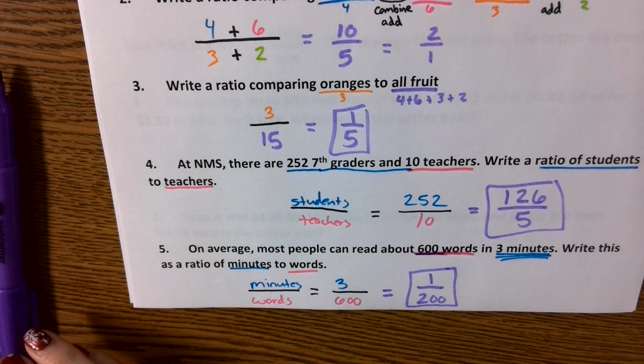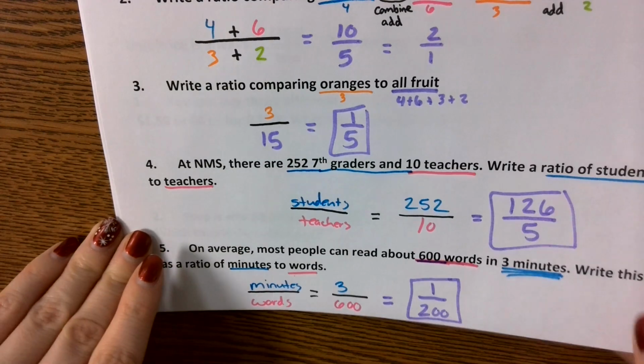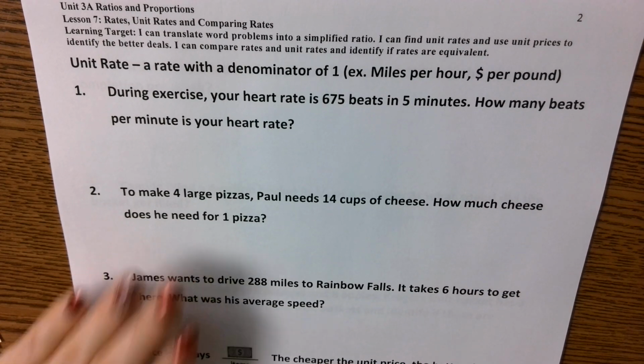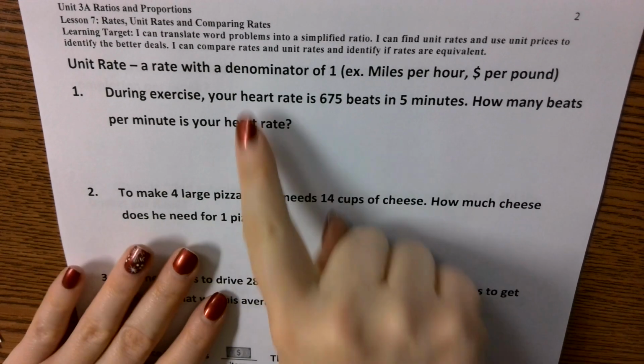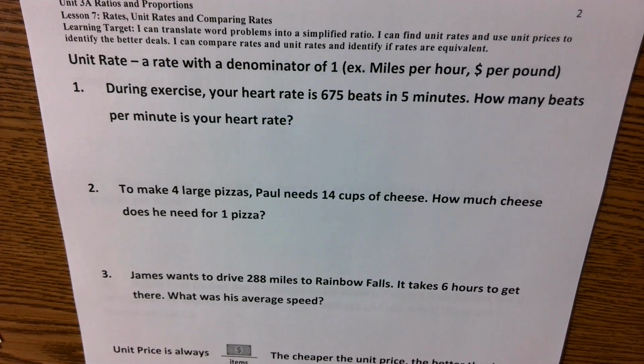Okay, go ahead and flip it on over to the back. We're going to talk about unit rates. A unit rate means that you're creating a ratio, but your denominator always has to be a value of 1.